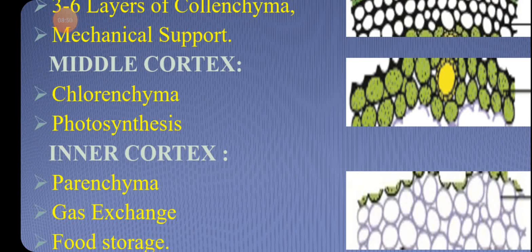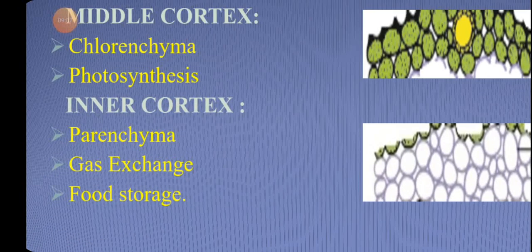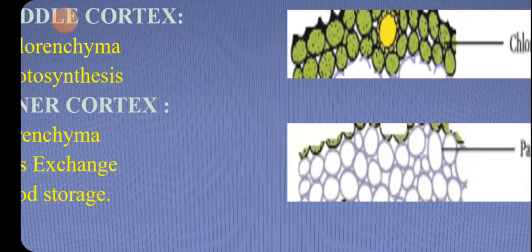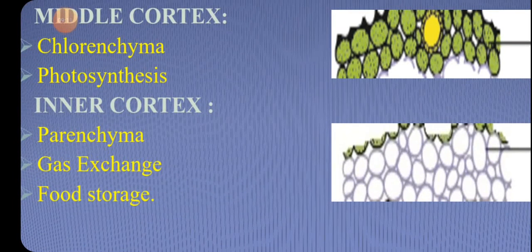Food is synthesized in the presence of light. So photosynthesis means the food preparing process is happening in these types of cells, so it is chlorenchyma.